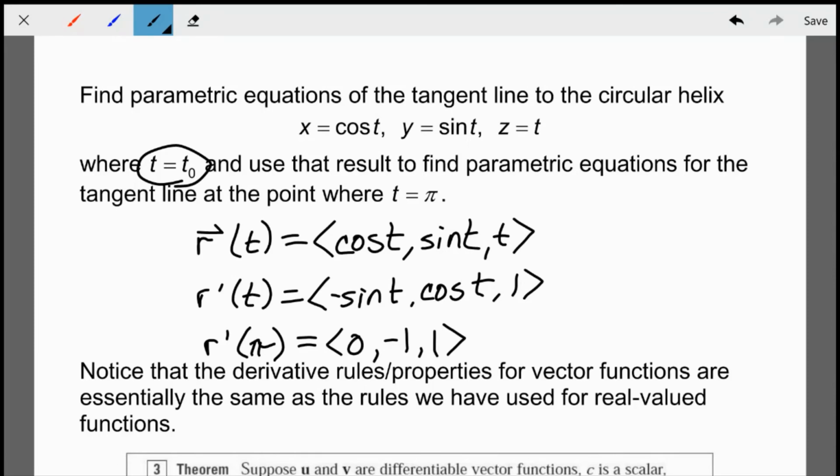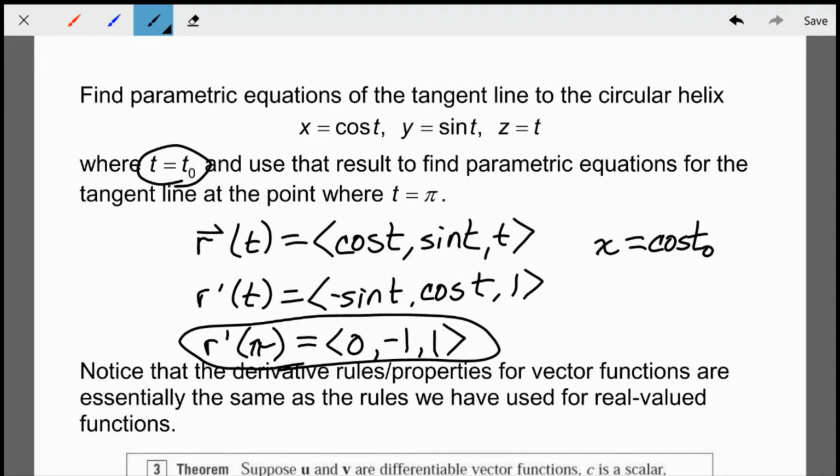So then, just like we did the vector equation of the line before, we did the initial position plus t times our direction vector. Well, our direction vector, we just found it right here. That's my direction vector. So let's just think about this component by component. So for x, I've got cosine of t naught, and then I'm going to add 0 times t, because nothing really changes there.